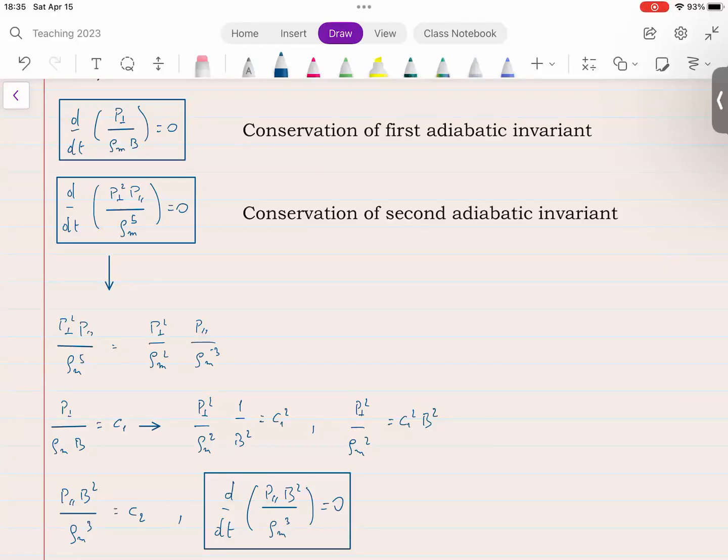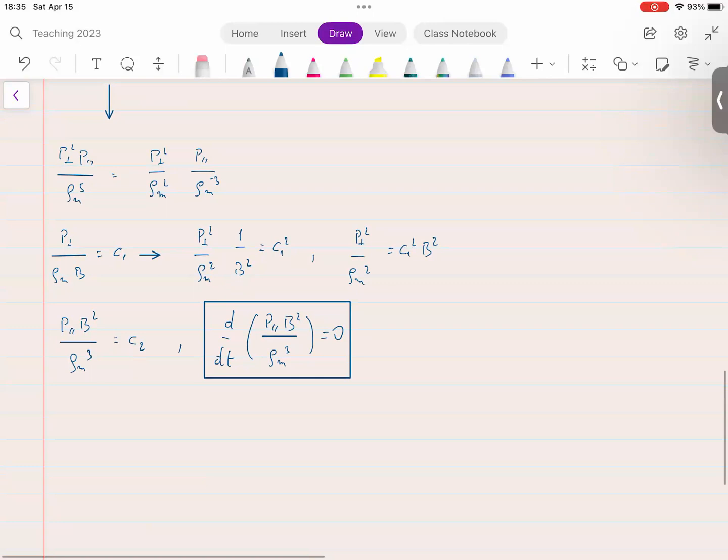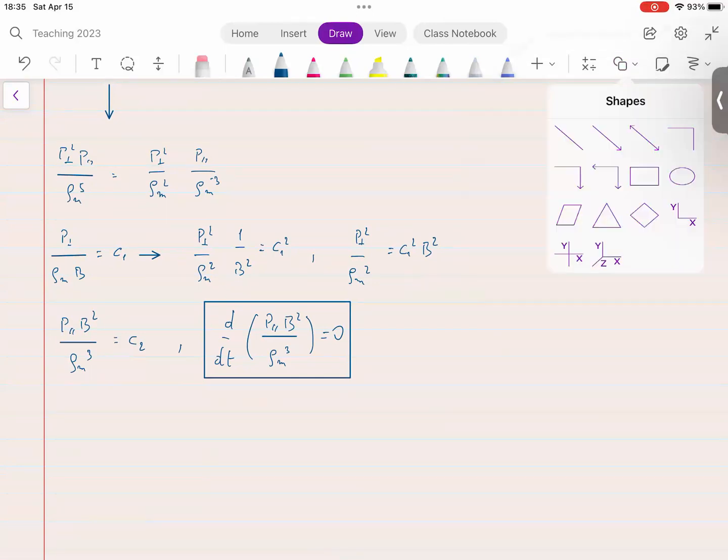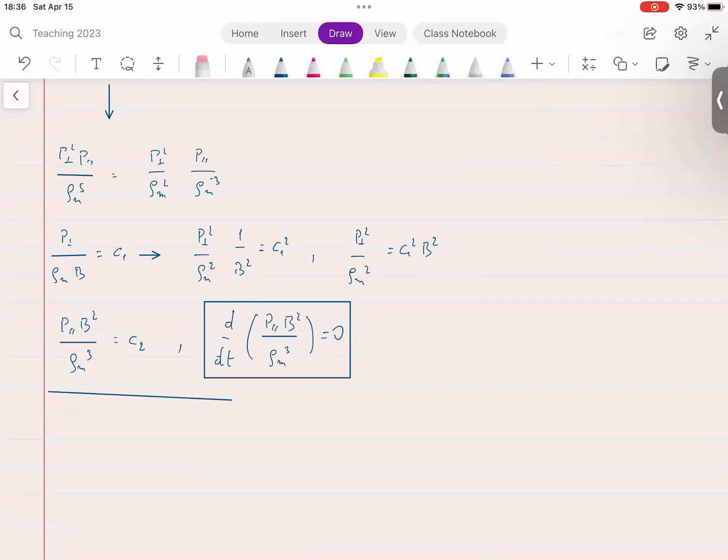Now, still speaking of pressure, let me make a little division here. Another useful concept in fluid models is what is called magnetic pressure.